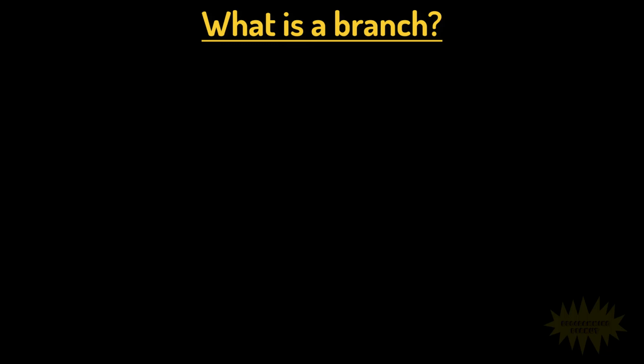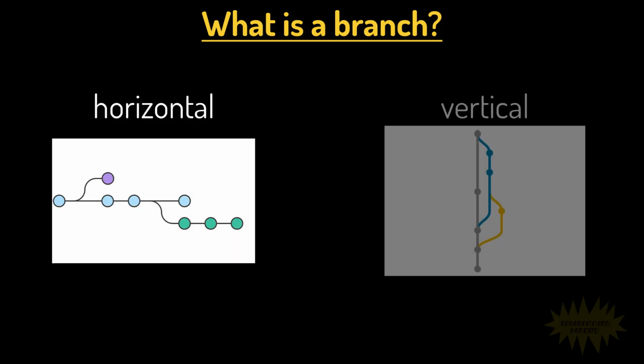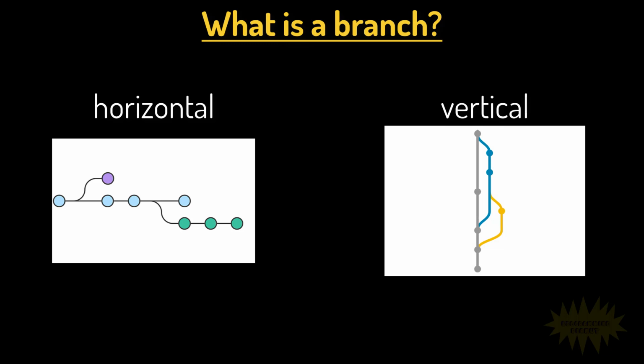Branches are represented in the form of graphs, and they sort of resemble timelines. So they come in two forms, either horizontal or vertical. Now, you might see them in your textbook or online, okay? They sort of look like this. So you have the horizontal graph and you have the vertical graph. The circles in the graphs represent commits.